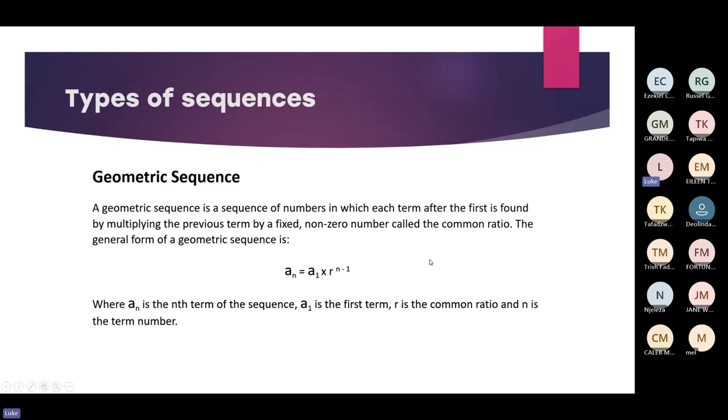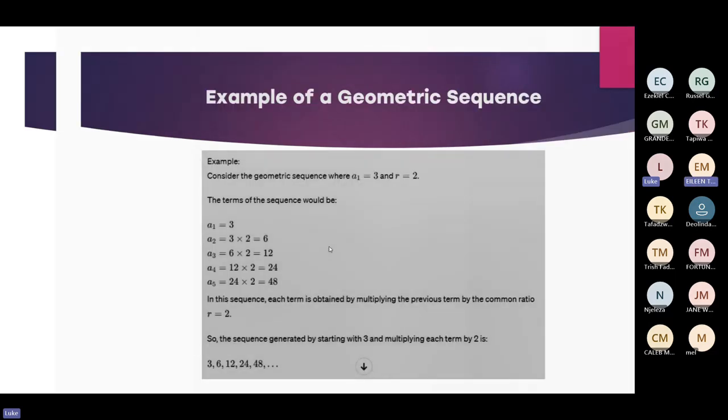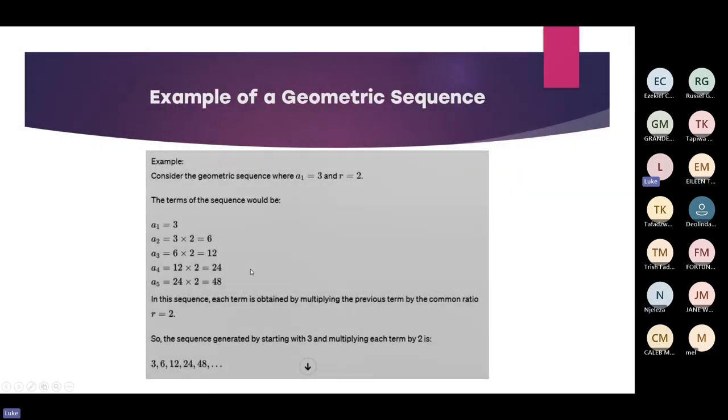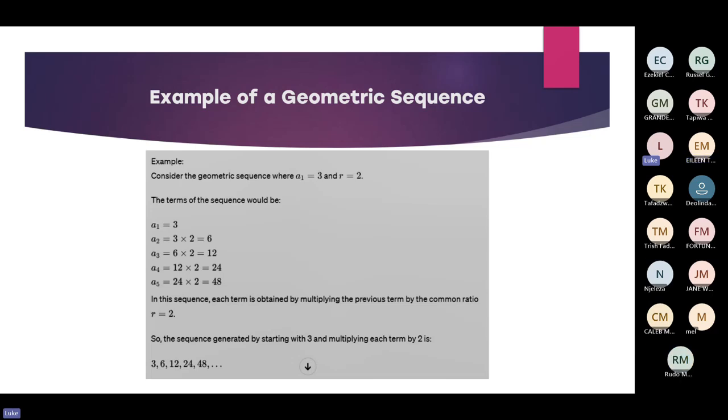As we have explained on the arithmetic, I'm just going to give you another example for the geometric. Here we are already given our a1 and our common ratio, which is 2. The question is: consider this geometric sequence where a1 is 3 and our ratio is 2. Find the terms of the sequence.